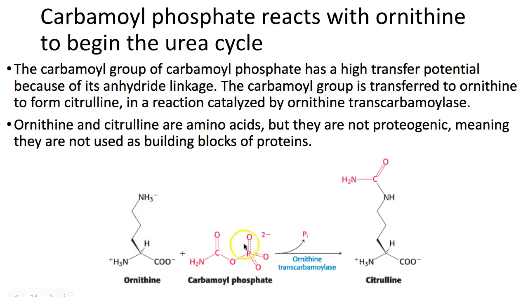Pretty much it's a condensation type of reaction, and the carbamoyl group ends up being attached to the amino group of the ornithine to form this citrulline, and this citrulline is then transported out of the mitochondria into the cytoplasm.